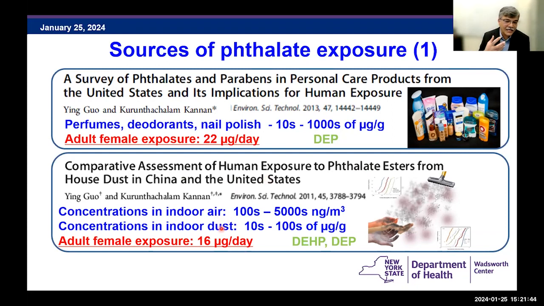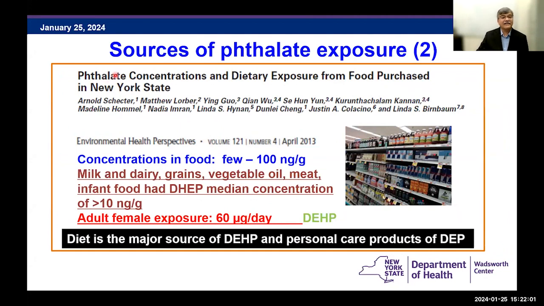Based on the inhalation, we calculated the exposure dose. For instance, in adult female, it is 16 microgram per day from inhalation and dust ingestion. Okay, so 22 microgram from personal care products, 16 microgram from inhalation and dust ingestion, and then the diet, right?